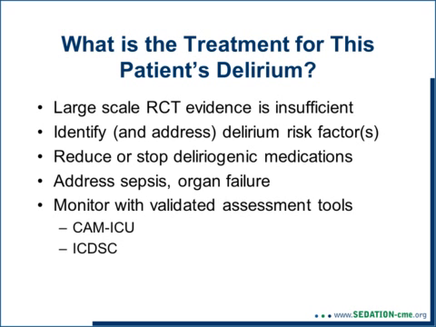So it's tempting to sort of just throw your hands up in the air and say, well, who knows what we should do for this patient. But just because we don't have a randomized controlled trial to tell us there's a single drug that's the best to give for these patients doesn't mean there aren't things that we can do. In the same way that there's never been a randomized controlled trial showing that you need to use source control to manage a patient with an infection, with sepsis.